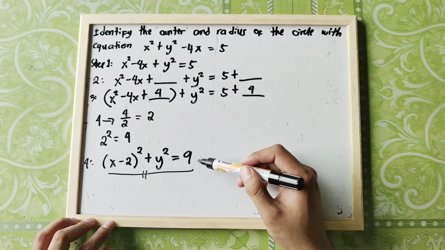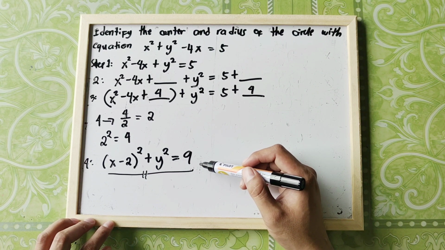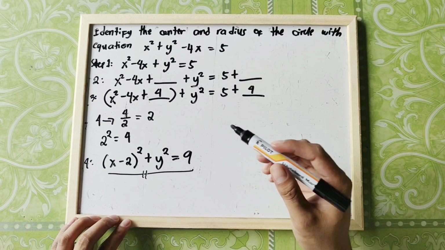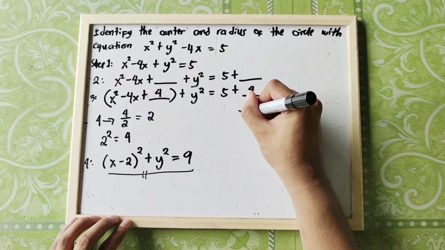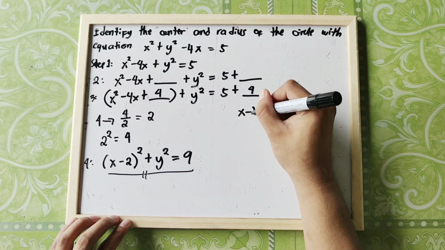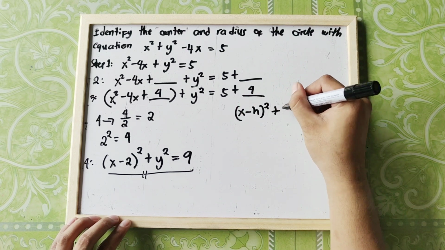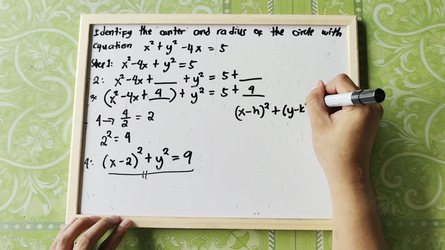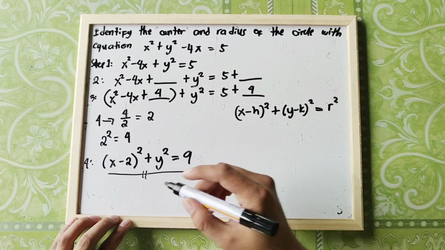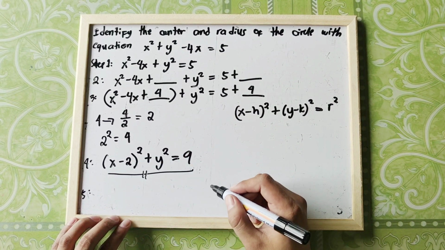So we have to transform it into a standard form for us to easily identify the center and the radius. What is the standard form? The quantity of (x minus h) squared plus the quantity of (y minus k) squared is equal to r squared.